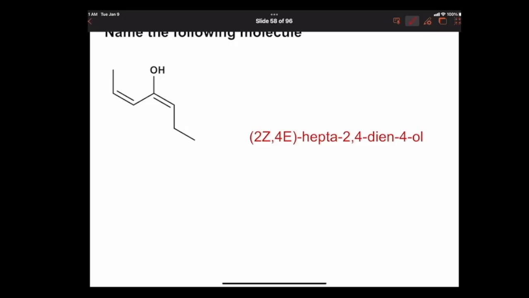Point is, what you're saying is the double bond at position 2 is a Z. Double bond at position 4 is an E. So this would continue. If you had 15 bonds, you'd have 15 letters with numbers associated with each. Just like saying where the double bond starts, the number associates with the letter going into each of them. Okay?